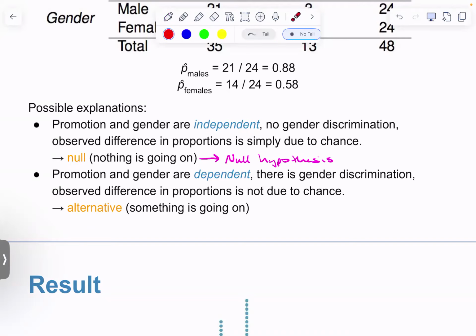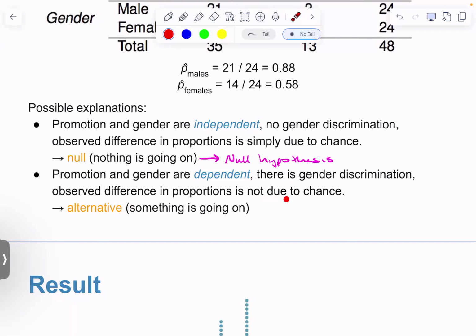Another possible explanation of what's happening here is that promotion and gender are dependent. Whether you're promoted or not depends on your gender. And so what we would leapfrog to is that there is gender discrimination, which means that the observed difference in proportions is not due to chance.